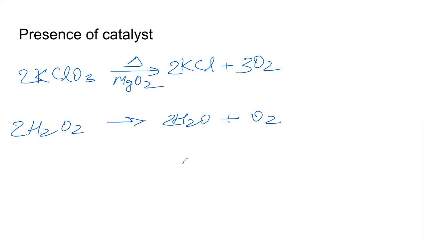And when we studied this decomposition reaction, we said this happens at room temperature. But we can increase the pace of the reaction, speed of the reaction by placing some manganese dioxide, MnO2, manganese dioxide.